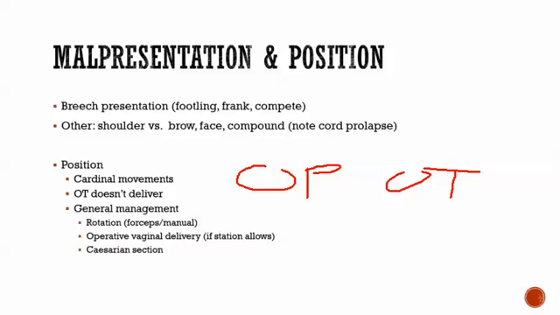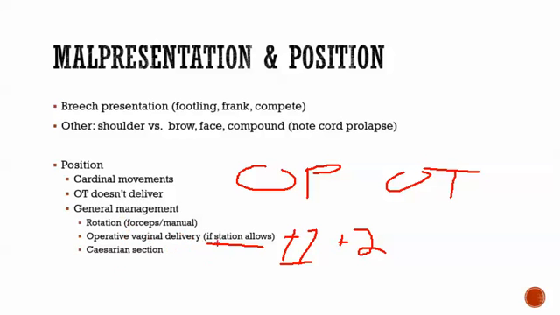You can use forceps or do this manually, and you want to try to get out of these positions into the occiput anterior position. And if that fails, then you can try, if the station allows. So if it's at least +1 or more commonly +2, then you can try an operative vaginal delivery. That's using the forceps or vacuum suction to try to assist the delivery.